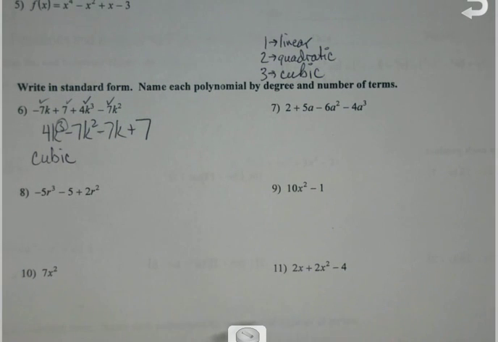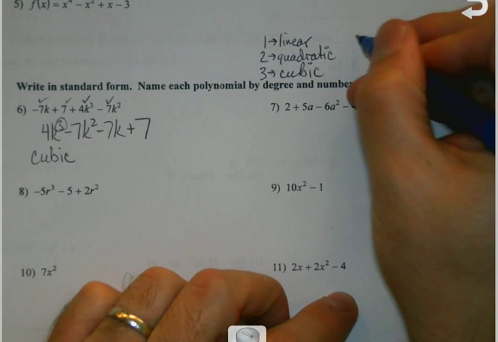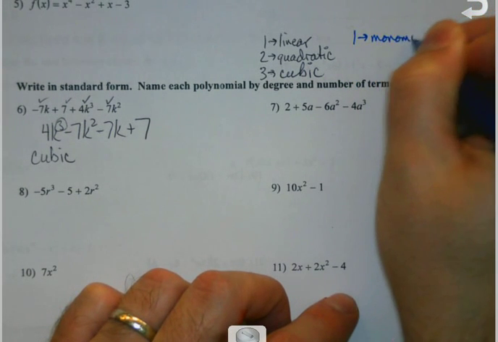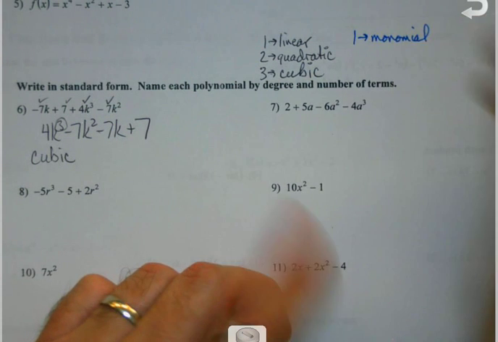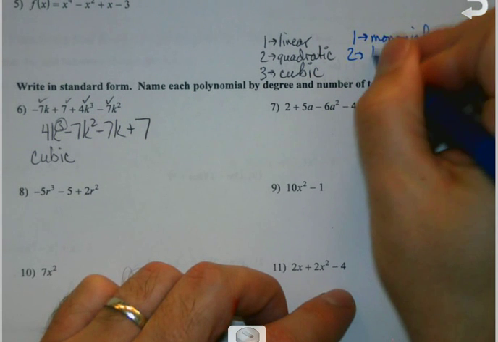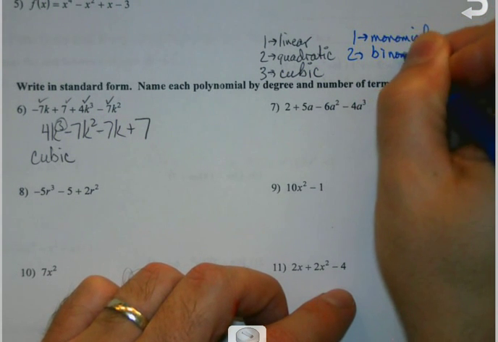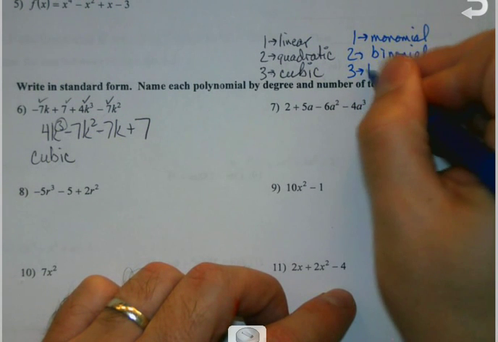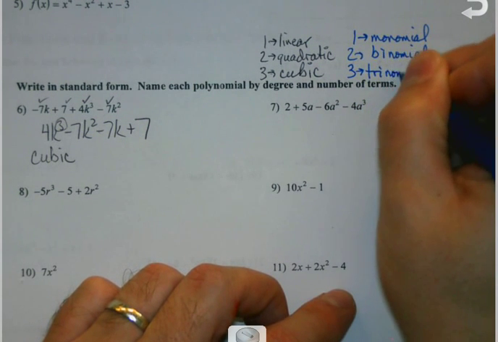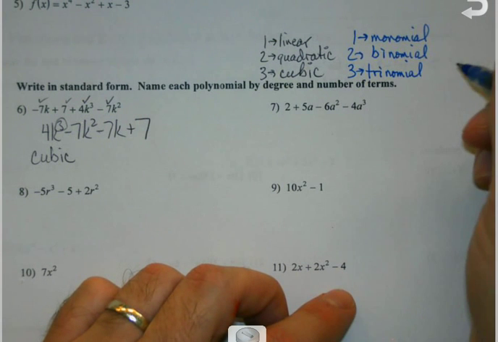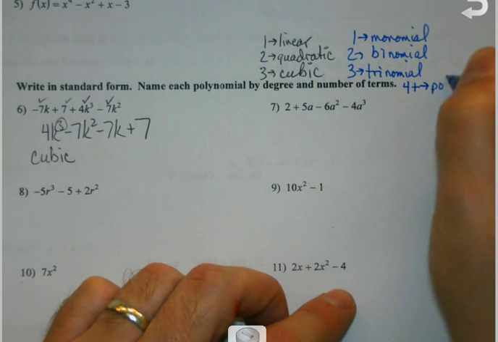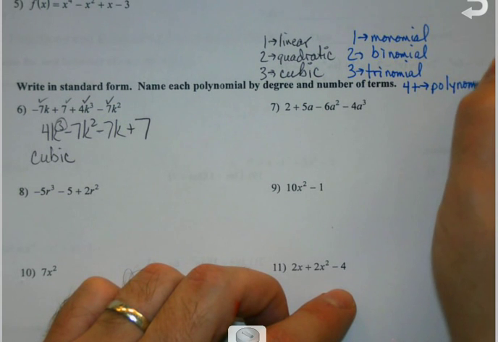And then my number of terms, and you've had some experience with these before. Okay, 1 is a monomial. Mono means 1. 2 is a binomial. 3 is a trinomial. Now, again, technically there are some names beyond this, but typically once we hit 4 plus, we just call it a polynomial.